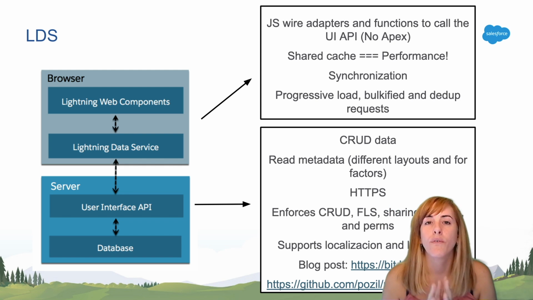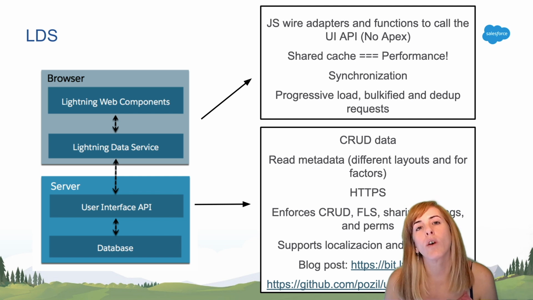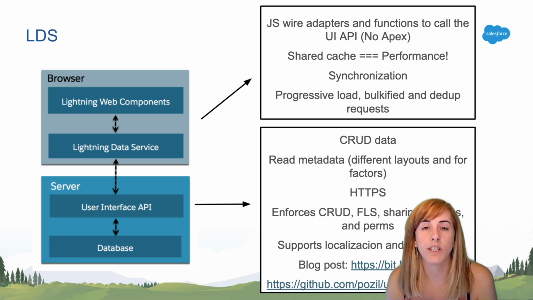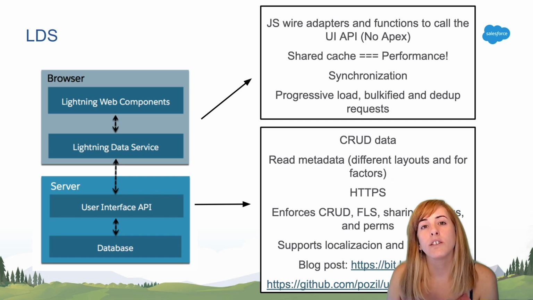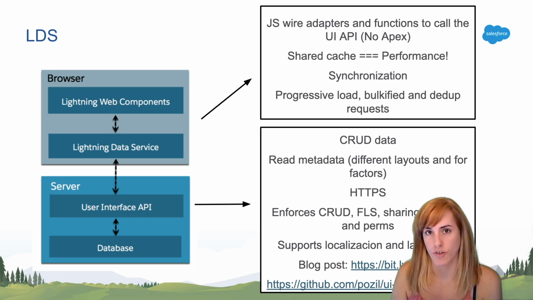That means that if you retrieve a record using the Lightning Data Service, that record is going to be stored on the client cache, and in subsequent times that you need to access that record, the Lightning Data Service is going to avoid doing repetitive calls if the record is already there in the cache.